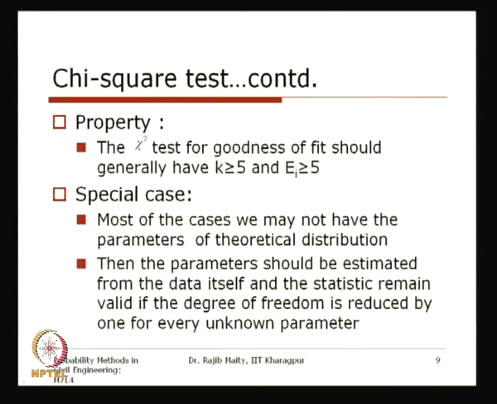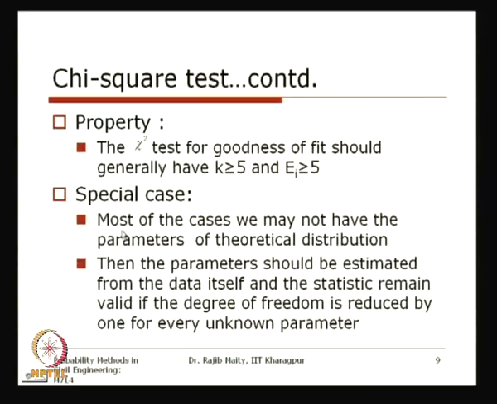The first thing is that k should be greater than or equal to 5, so the number of groups into which we have divided the observed data should be at least 5. And the frequencies in each bin should be at least 5, so EI should be greater than or equal to 5.